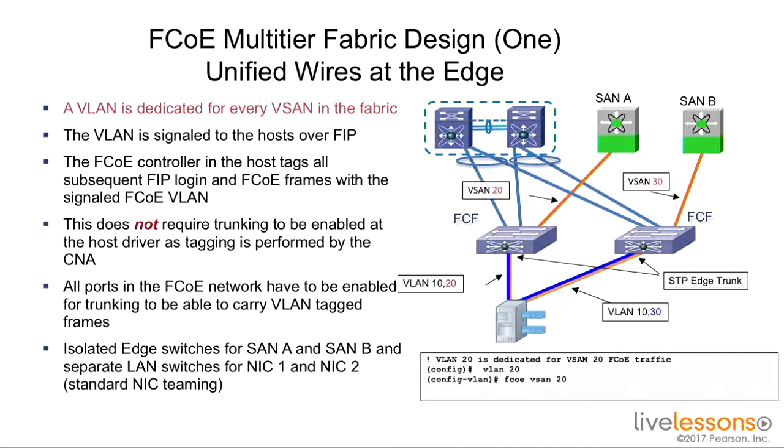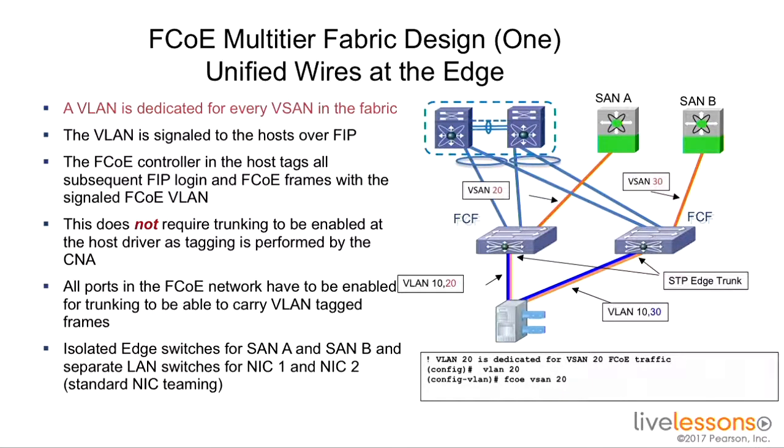The server, for instance, sends the FCoE traffic in VLAN 30 on the right side, and it sends it in VLAN 20 on the left side. And that would be synonymous to SAN A and SAN B in a Fibre Channel environment. So we're able to give the server redundant paths to the storage that are highly available, and then we can maintain that through the Ethernet network.